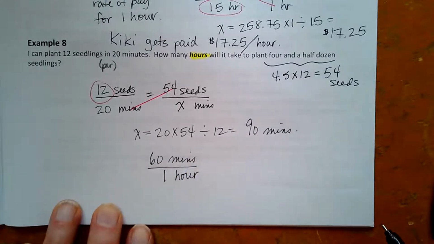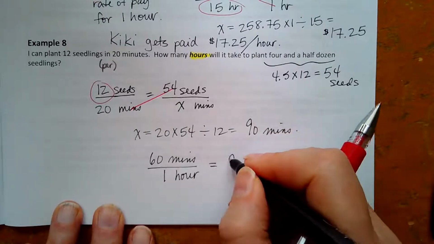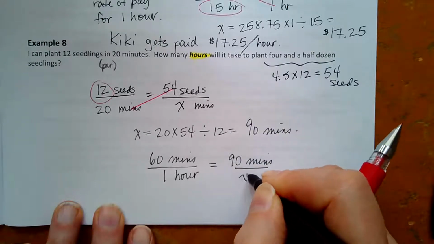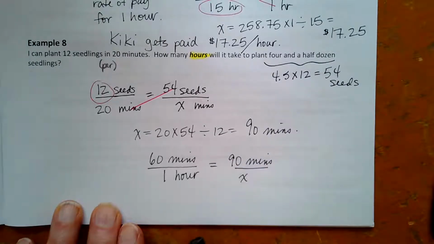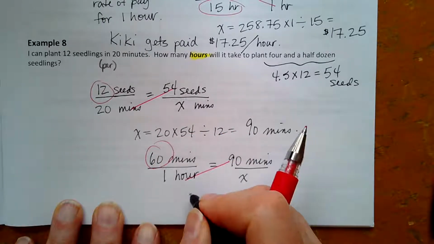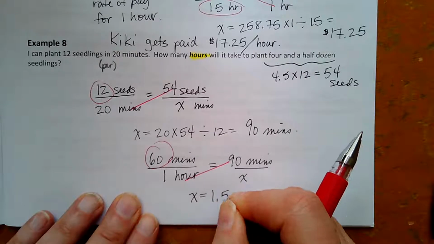Or there's 60 minutes in 1 hour. So therefore, I want to convert 90 minutes to X hours. Same thing, multiply, divide. So I have 90 times 1 divided by 60, and I get 1.5 hours.